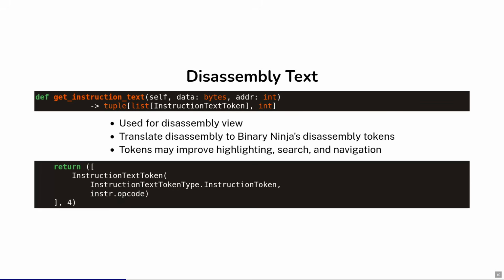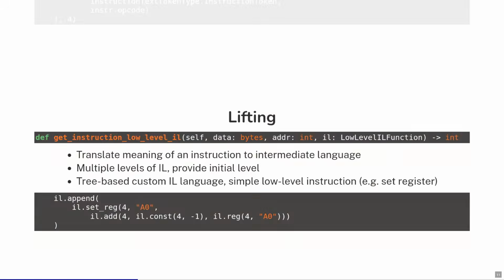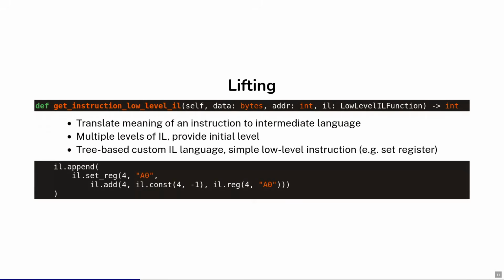Here's one example for an opcode token that we will need for every instruction. And it could highlight the opcode with that. It's pretty straightforward, and this is the part that works best with this architecture as well. And then there's the last part, lifting.